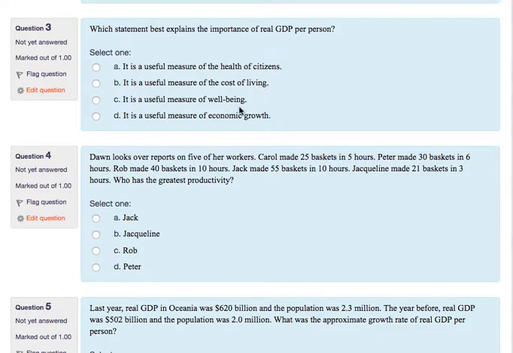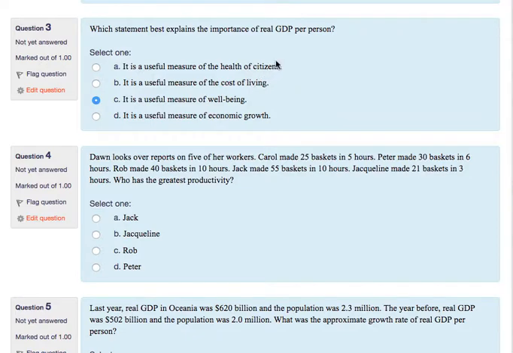It is a useful measure of well-being. Yes, if you have a country that has $50,000 worth of real GDP and another country that has $25,000, you expect the country with more, if we're talking about the same denomination, to be able to afford more, to be able to do more with their money. So this is the right answer. And it is a useful measure for economic growth.